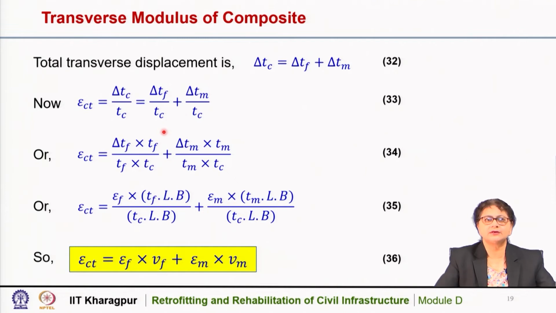So, epsilon Ct can be written as delta Tf by Tc plus delta Tm by Tc.